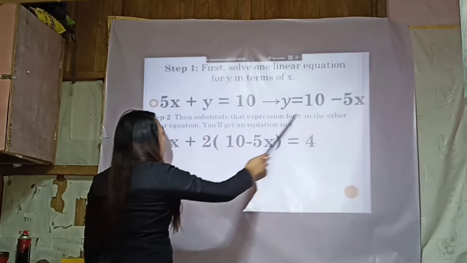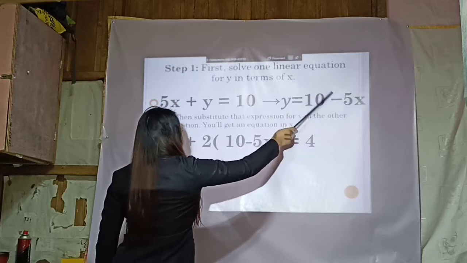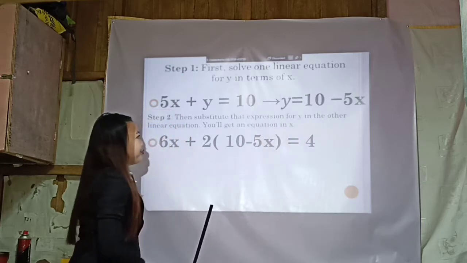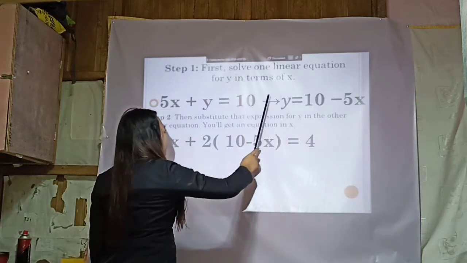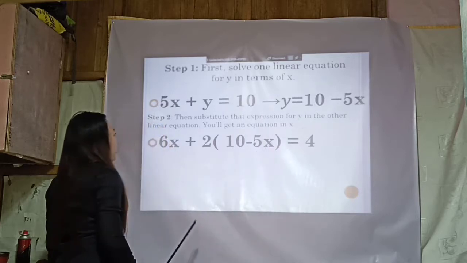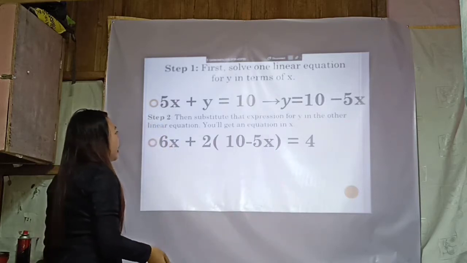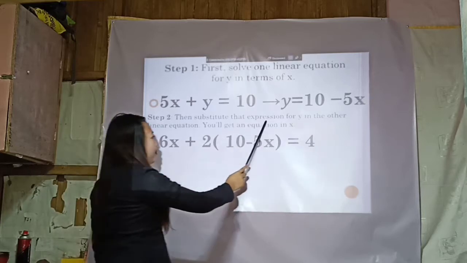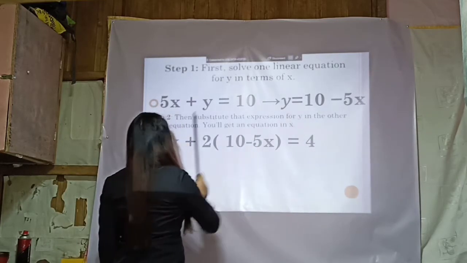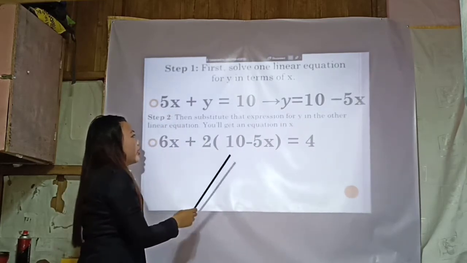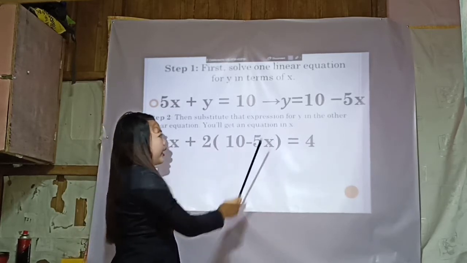So this would be the third equation or the expression for y. So next step is to substitute that expression for y in the other linear equation. So you'll get an equation in x.